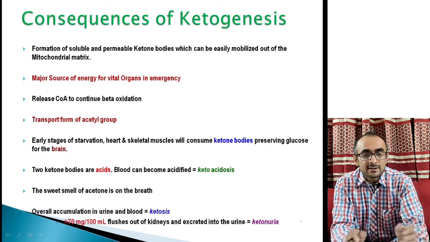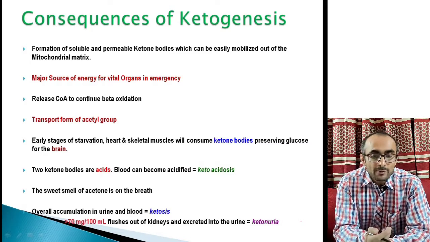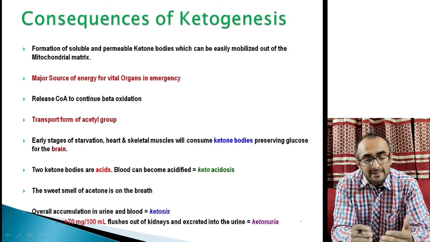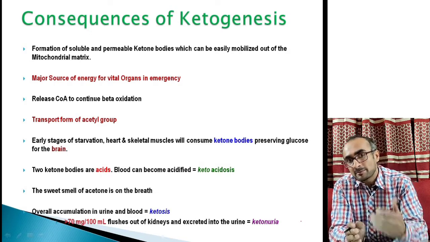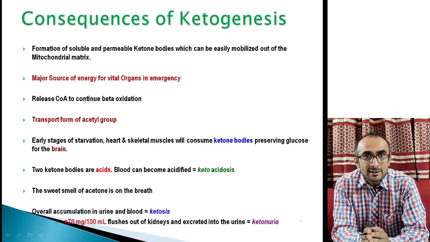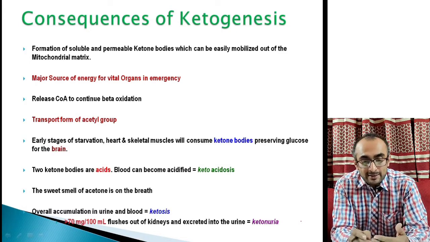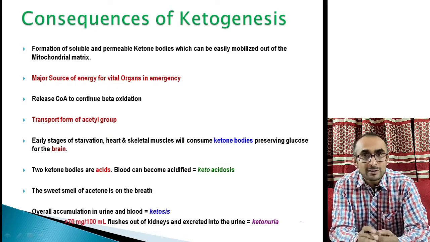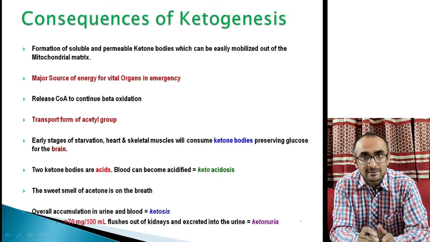Consequences of ketogenesis. The first thing is formation of soluble permeable ketone bodies. When acetyl coenzyme A in the mitochondrial matrix is not being used, acetyl coenzyme A as such cannot be transported out of the mitochondrial matrix and to other cells.